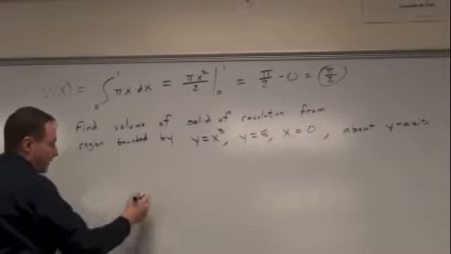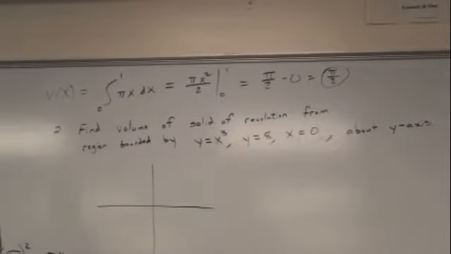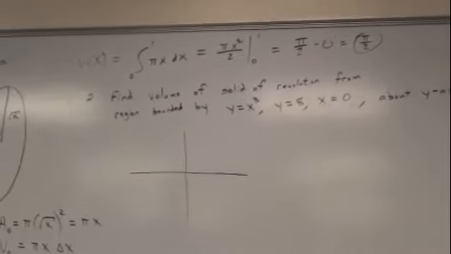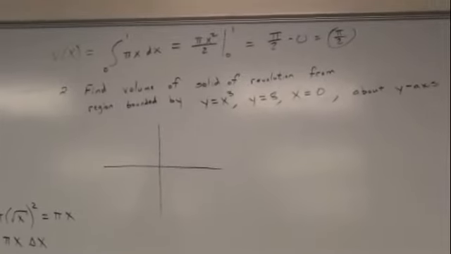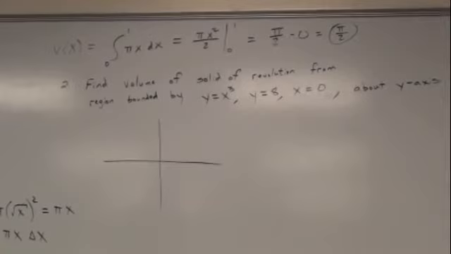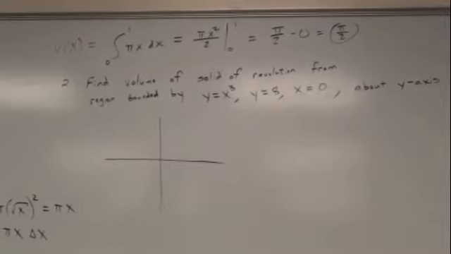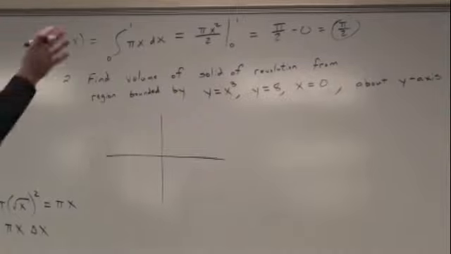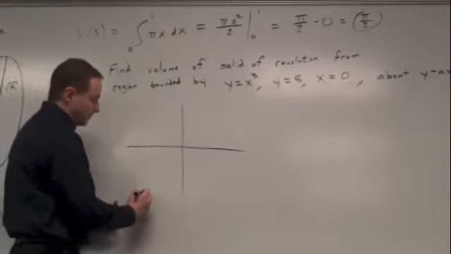So I need to graph out my region. Now, I need to graph the bounded region. I don't necessarily need to graph the entire volume of the solid of revolution. That's where we can really see what the arbitrary cross-section looks like without drawing the entire object. So I'll say, okay, with that in mind, I know y equals x cubed looks like this.